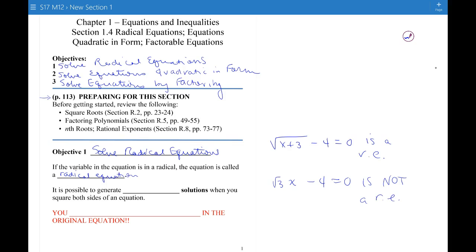So when you're solving radical equations, it is possible to generate what are called extraneous solutions when you square both sides of an equation.